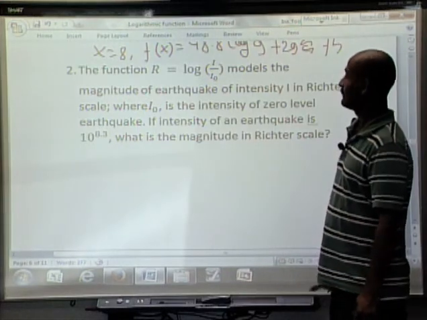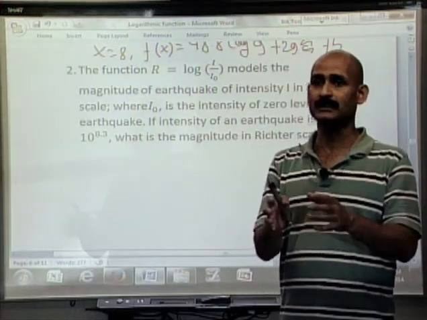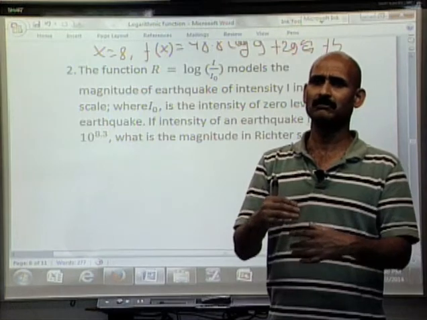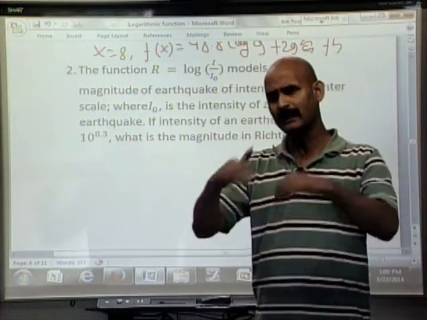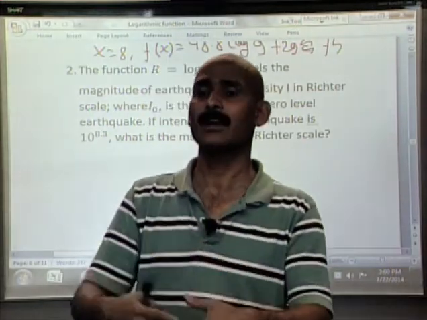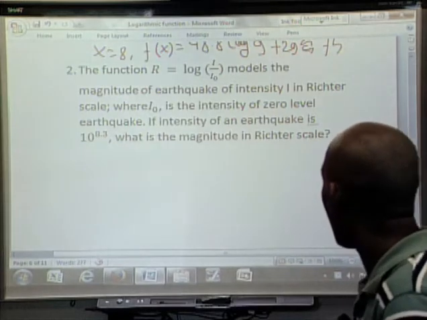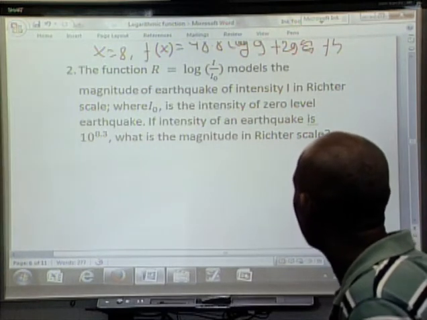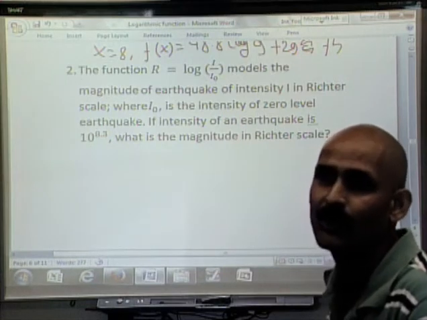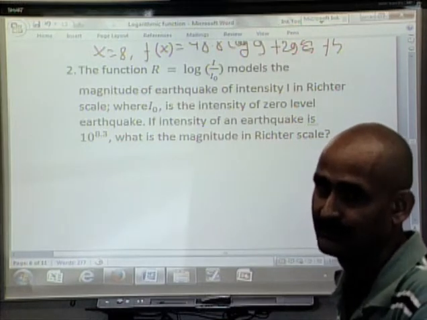Here I represents the intensity of the earthquake, and I0 represents the intensity of a zero-level earthquake, meaning that earthquake will not have any impact, we do not even feel it.